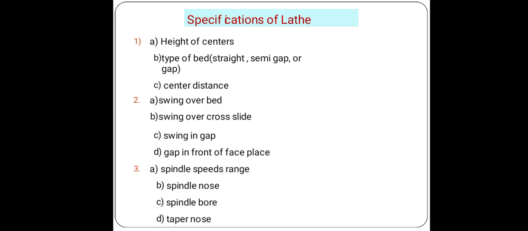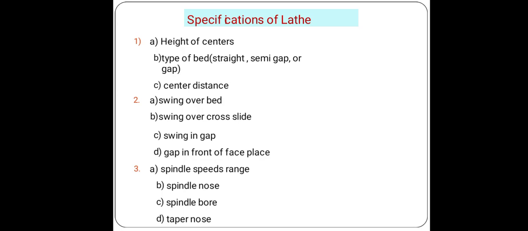Specification of lathe. Based on the height of centers, swing over bed, spindle speed range, it is classified by type of bed. Second one is swing over bed, swing over cross slide, swing in gap in front of the face plate.